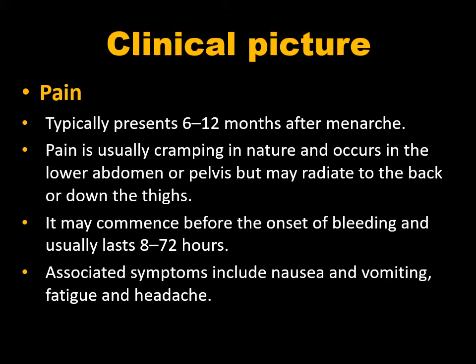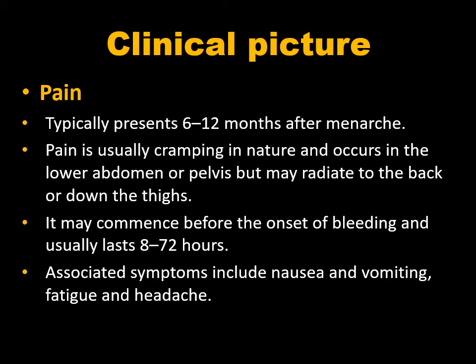It could be later. It depends on the ovulatory cycles. Pain is usually cramping in nature and in the lower abdomen or pelvis, may radiate to the back or down to the thighs. Usually it starts with the onset of bleeding, and it's usually short lasting for 8 to 72 hours.